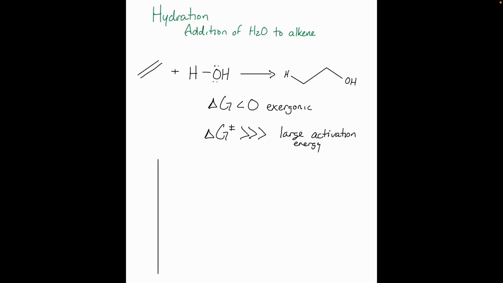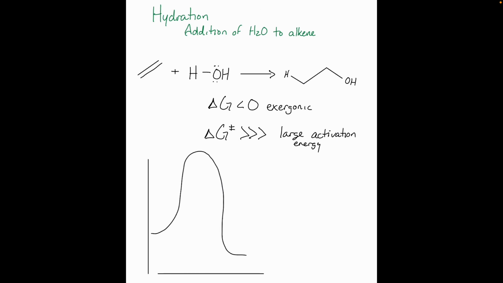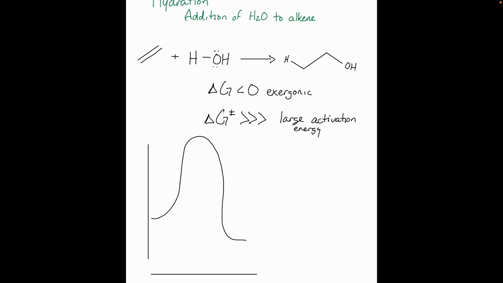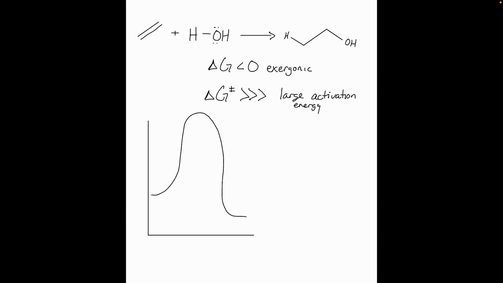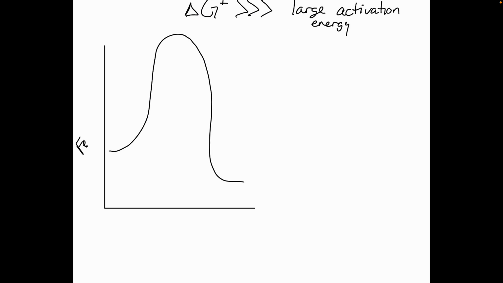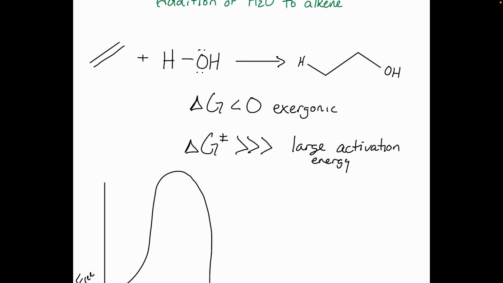All right, so if we draw our free energy diagram for this reaction here, it's got a massive hump that we've got to overcome here, right? A really large activation energy in this reaction. So this reaction will happen. We will do this reaction in the lab here, all right?